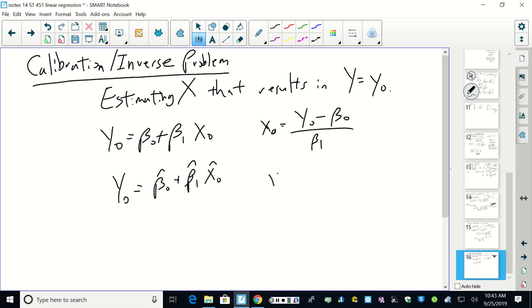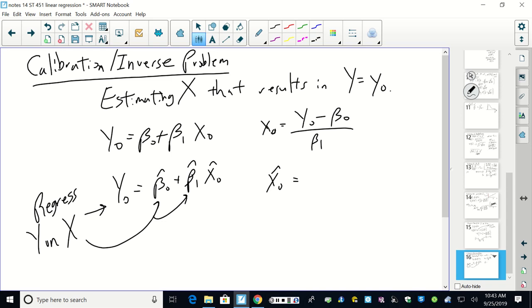We regress y on x to get these coefficients in here. The predicted value of x that's implied by this, if y is fixed at a certain value, is that.